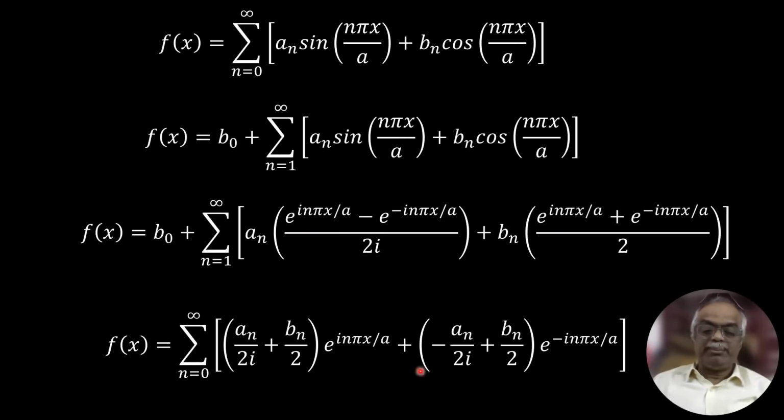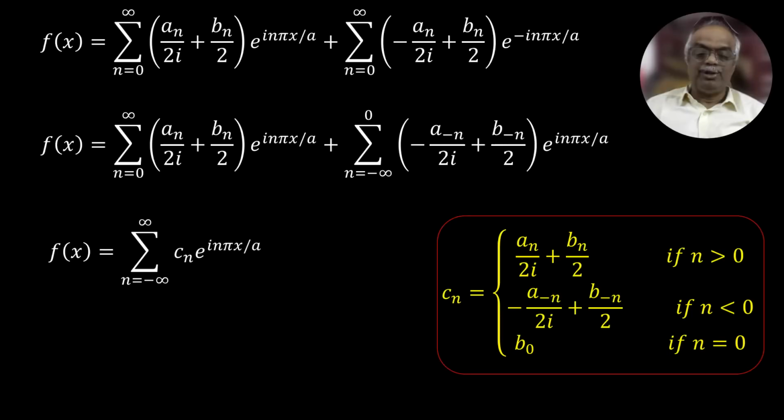Now we can separate this summation into two parts, the positive exponential e^(i...) and the negative exponential e^(minus i...) as separate entities. So f(x) is equal to the summation over n from 0 to infinity of the positive exponential term, plus the summation over n from 0 to infinity of the negative exponential term.